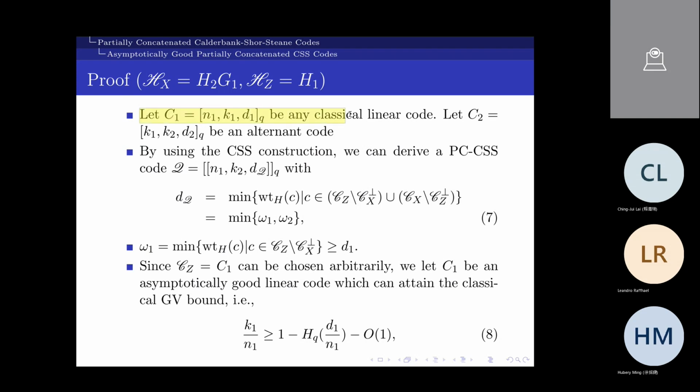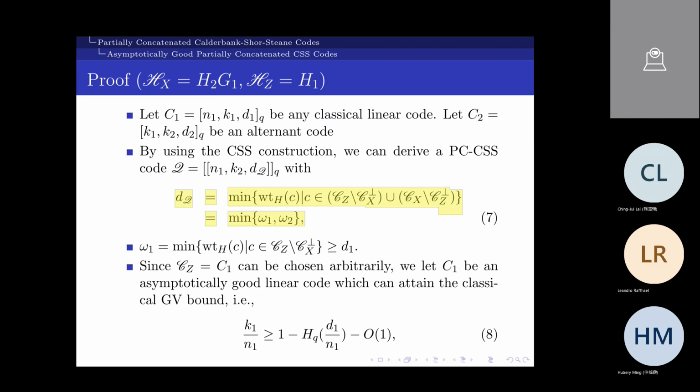Let C1 be any classical linear code, and let C2 be an alternate code. I will explain why we use alternate codes. And C1 can be any classical linear code, yes. Then by using the CSS construction, we can derive a partially concatenated, a PC CSS code with the parameters given by this equation, and dq is given by this equation.